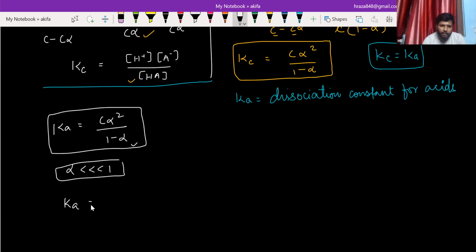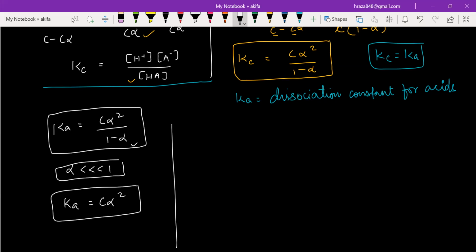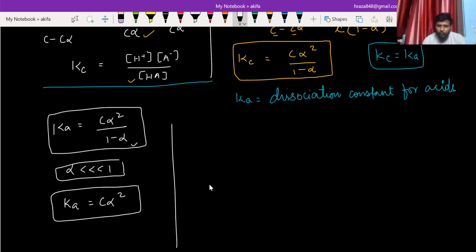So Ka will be equal to C alpha square. Now, what is the value of alpha? Ka is equal to C alpha square, and in the same way, I can find the value of alpha square, that is Ka upon C, and alpha will be equal to root of Ka upon C.